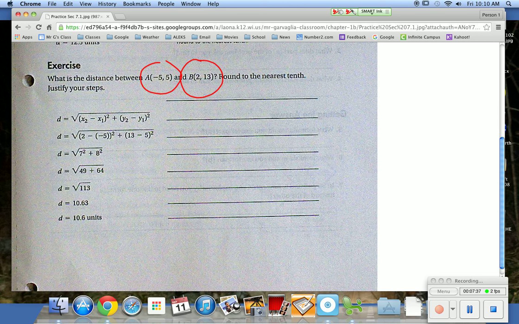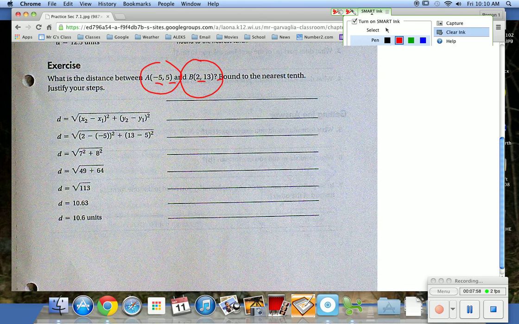I'm going to take this one minus this one, and then this one minus this one. I'm going to square both of them, take the square root of it. That's going to give me my distance. What are you really doing? You're finding the average there, aren't you? Okay. Let's get out of here.